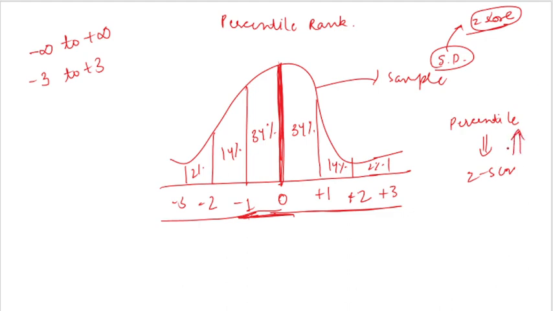So for example, a question is asked: what is the Z score or standard score of a person with a percentile rank of, let's say, 16. My screen has frozen, just give it a moment, but you can calculate till then. Z score of a person who has a percentile rank of 16.